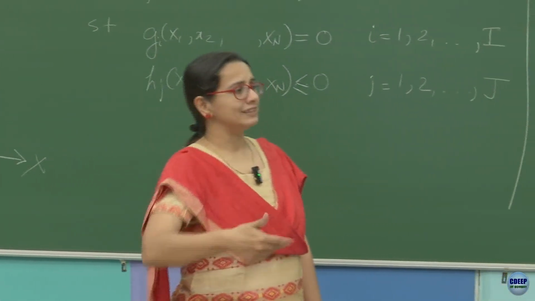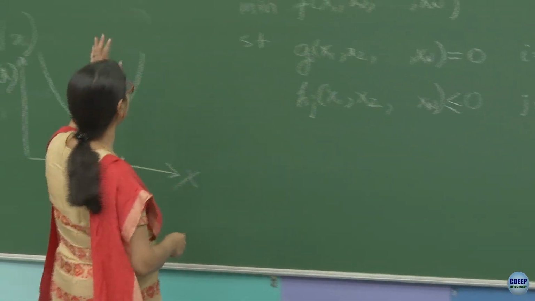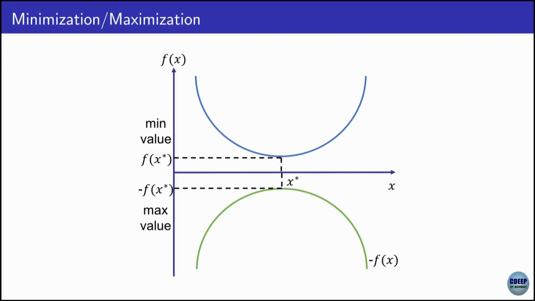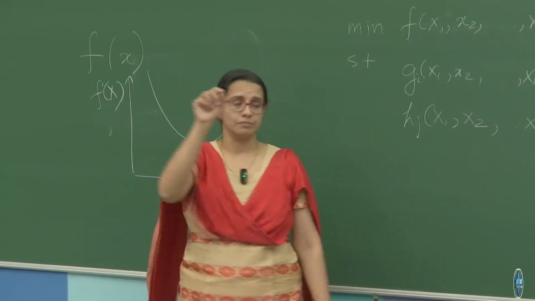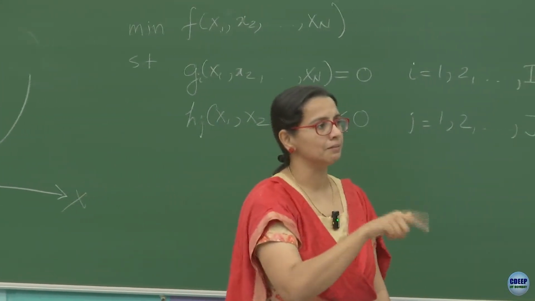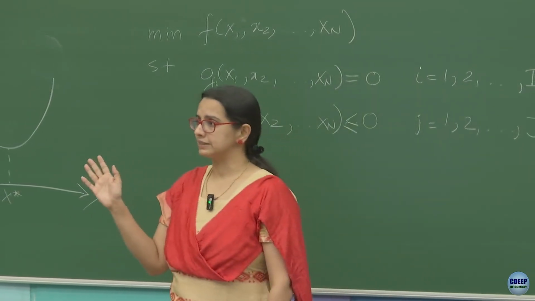The same function, if I was to just take a mirror image of it, instead of looking at f of x, if I was looking at minus f of x, correct? Then that same point x star would in fact end up maximizing minus f of x. Okay? This makes sense, right?